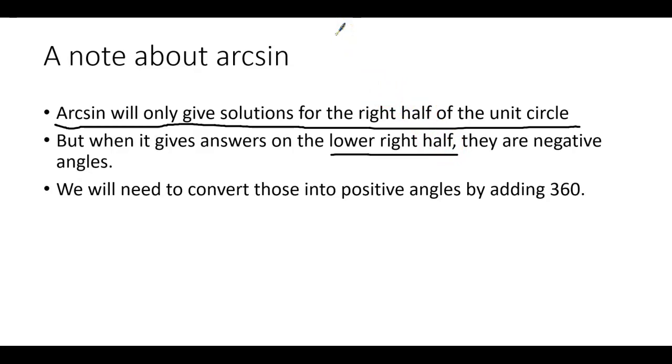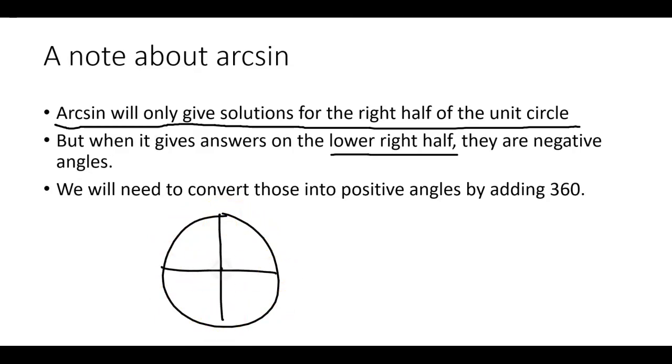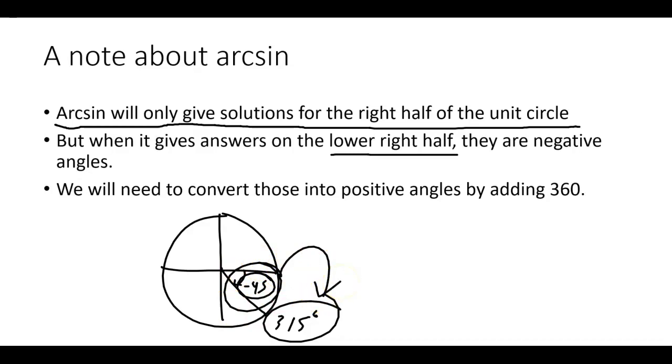So what do I mean by that? Well, let's say we end up with an angle down here. Our calculator is going to tell us that that's negative 45 degrees. Okay, so they're not going to tell us that it's 315 degrees, even though these are really the same angle. They're coterminal. It's going to give us the negative angle. So we're going to have to convert the negative angle into the regular angle so that we can find the other side after that.